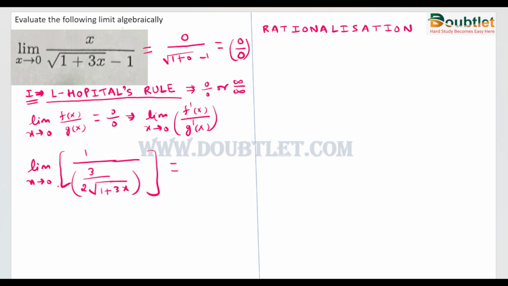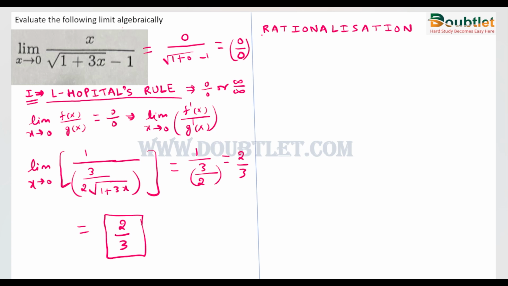Now we have to put the limit of x tending to 0 again. So if you put x tending to 0 in this, it becomes 1 divided by 3 divided by 2 under root 1, so it becomes 1 divided by 3 by 2, which is 2 by 3. So the limit of this expression is 2 by 3 at x tending to 0.